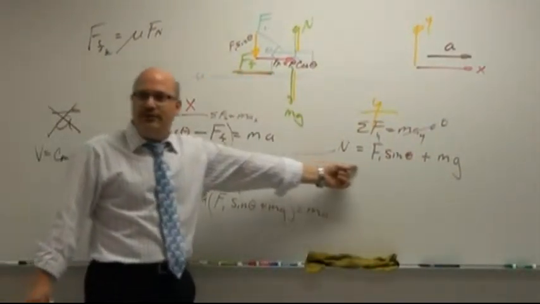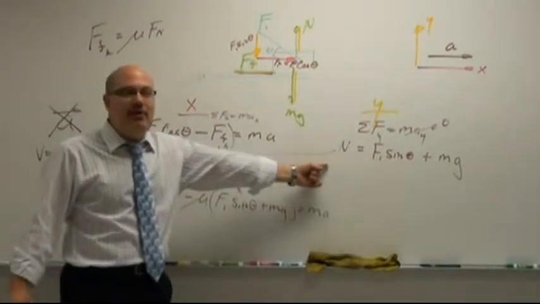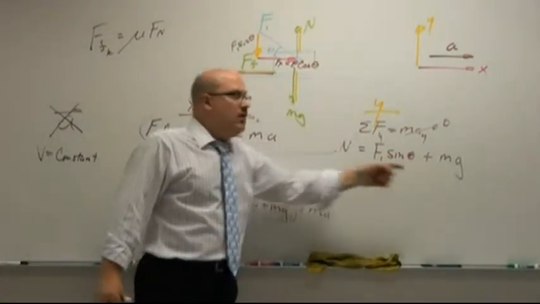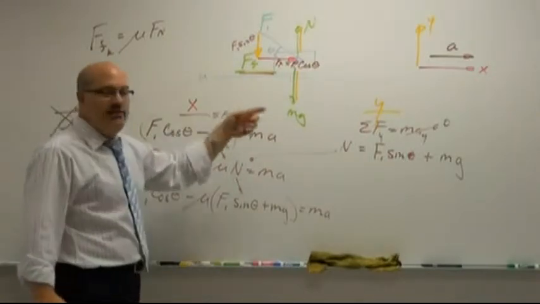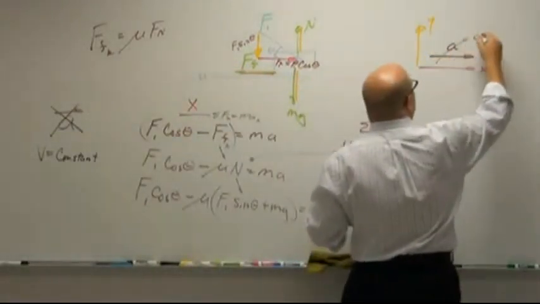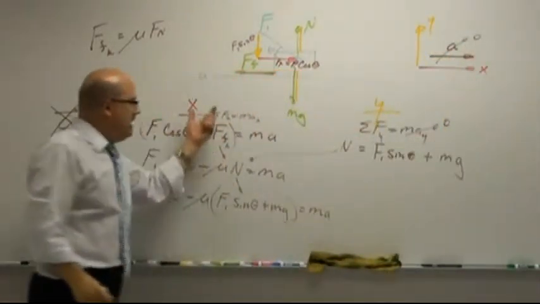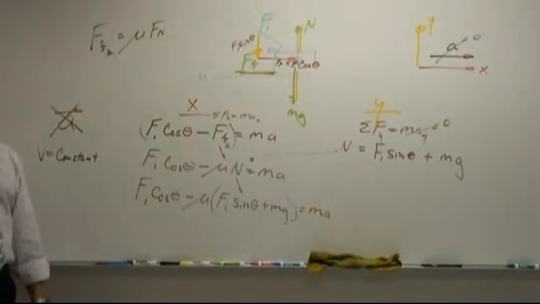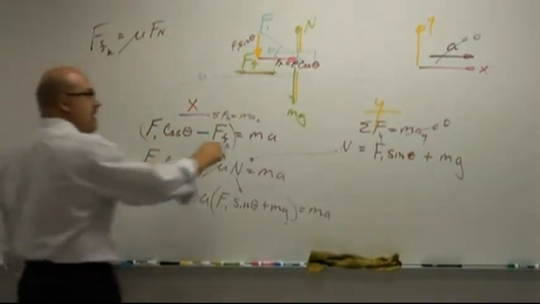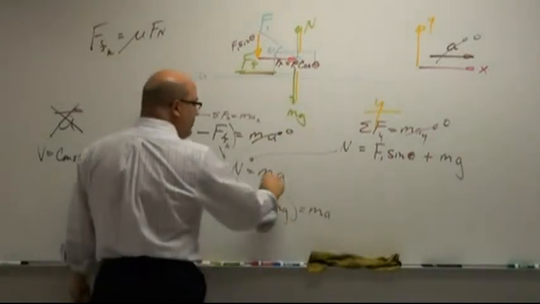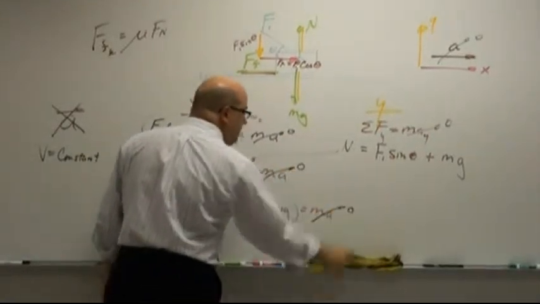Everybody okay with that? That stays the same, because we didn't change anything in the up and down direction at all, did we? What we changed was the acceleration. Now the acceleration is 0. So what does that change over here? This is now 0, so that's 0.